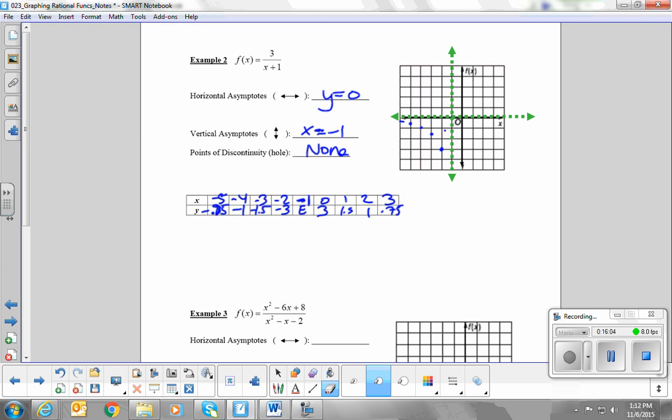Okay, so this one is doing that. And then on the other side, 0, 3, and 2, 1. And that. Good?